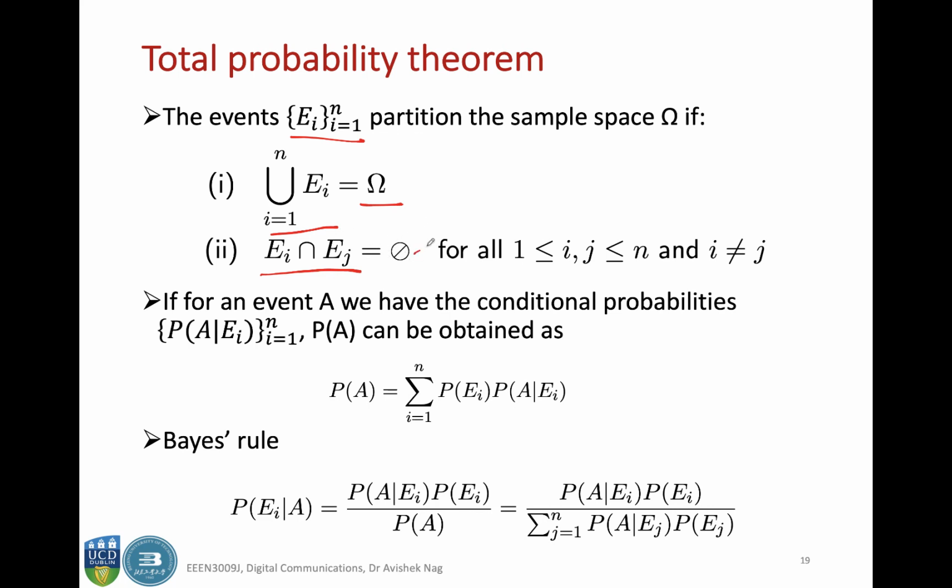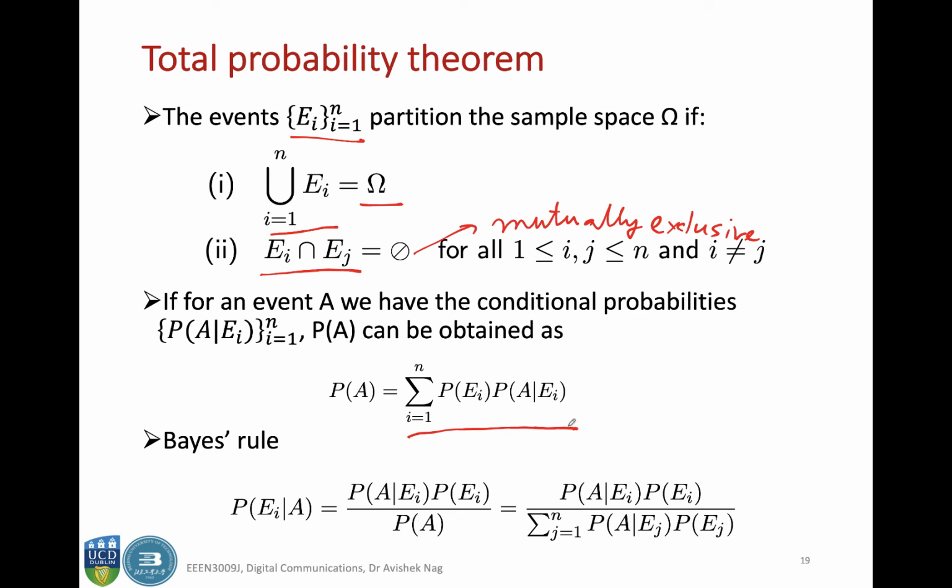So this actually implies mutual exclusiveness. They don't overlap, or they don't have any commonalities between them. In such a case, if for an event A we have the conditional probabilities, probability of A given Ei, i running from 1 to n, then P(A) can be obtained as the sum of this term.